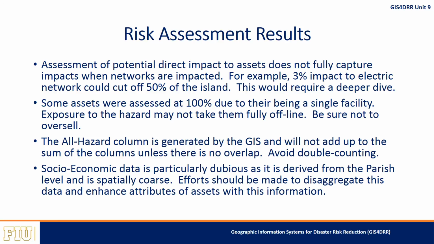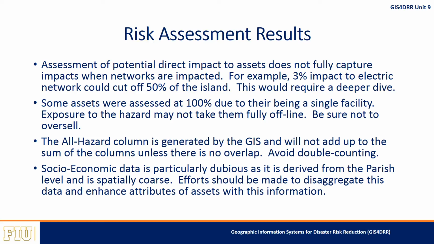So the assessment of potential direct impact to assets doesn't fully capture impacts when networks are impacted. So for example, you might knock out 3% of the electrical grid, but it could cut off half of the island. So that requires a deeper dive. As I mentioned, some assets were identified as 100% impacted because they're a single item.